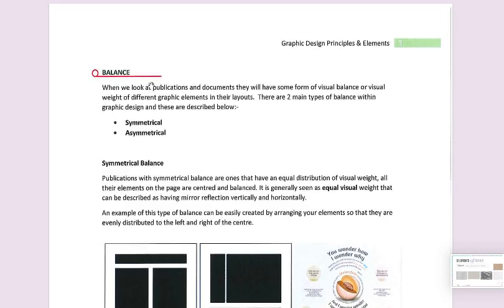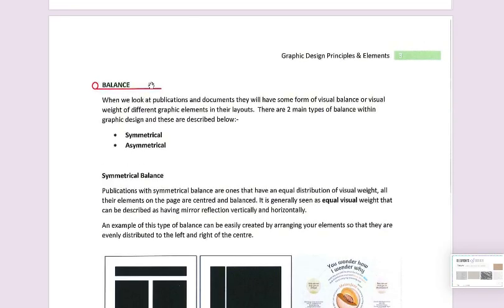Balance. When we look at publications and documents, we have some form of visual balance or visual weight of different graphic elements in layouts. There are two main types of balance: the symmetrical and the asymmetrical.